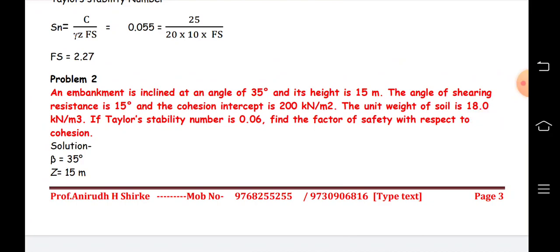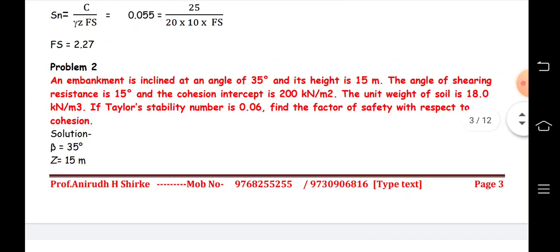Cohesion intercept, the value of C, is given as 200 kilonewton per meter square. The unit weight of the soil, gamma, is 18 kilonewton per meter cube. The Taylor stability number Sn is given as 0.06. Find the factor of safety with respect to cohesion.